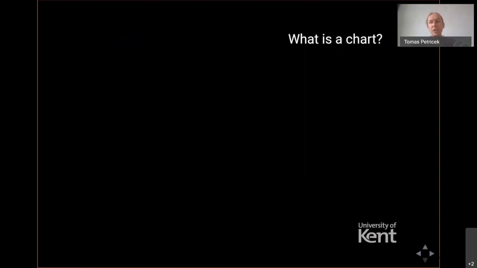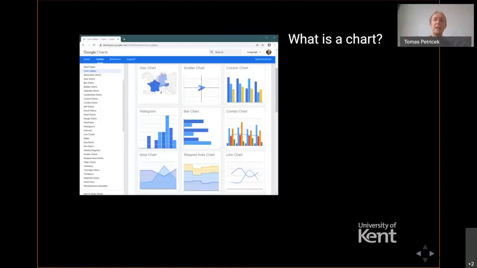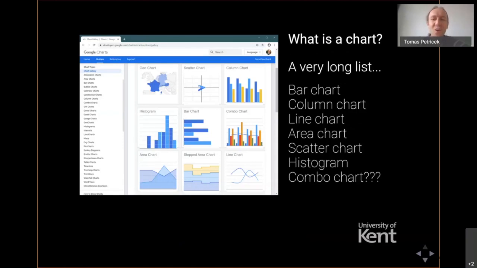So if you start looking at what is a chart, the first place you go to is something like Google Charts, which is a popular charting library. And their answer to the question of what is a chart is this very long list of things. You can have bar chart, column chart, line chart, scatter chart, histogram.